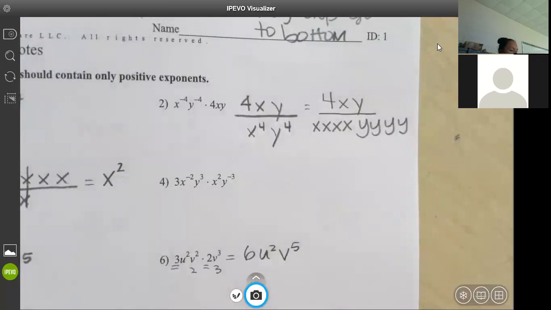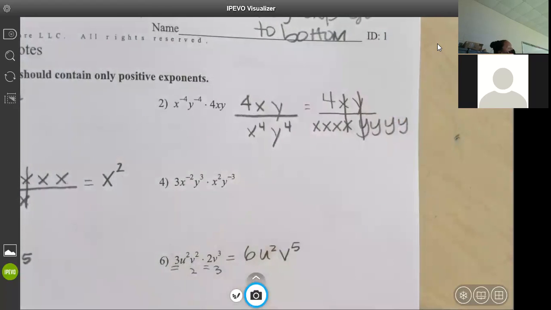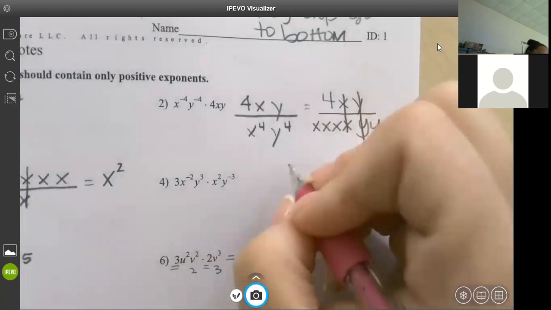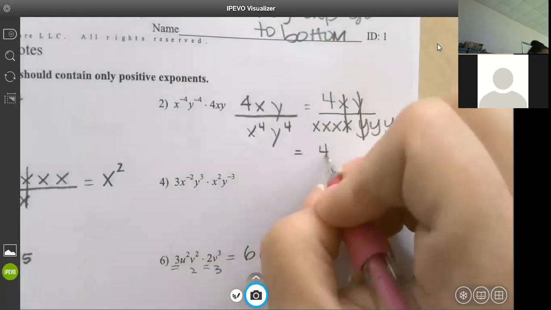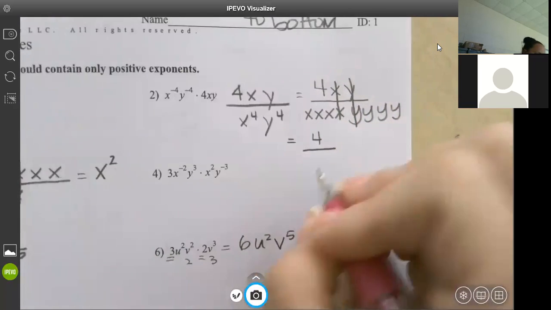If it's the same on the top and the bottom, we're going to mark it out. We can only mark 1 and 1. You can't mark like 3 and 1. The only thing I left on top was a 4. On the bottom, what did I leave? 3 x's and 3 y's.